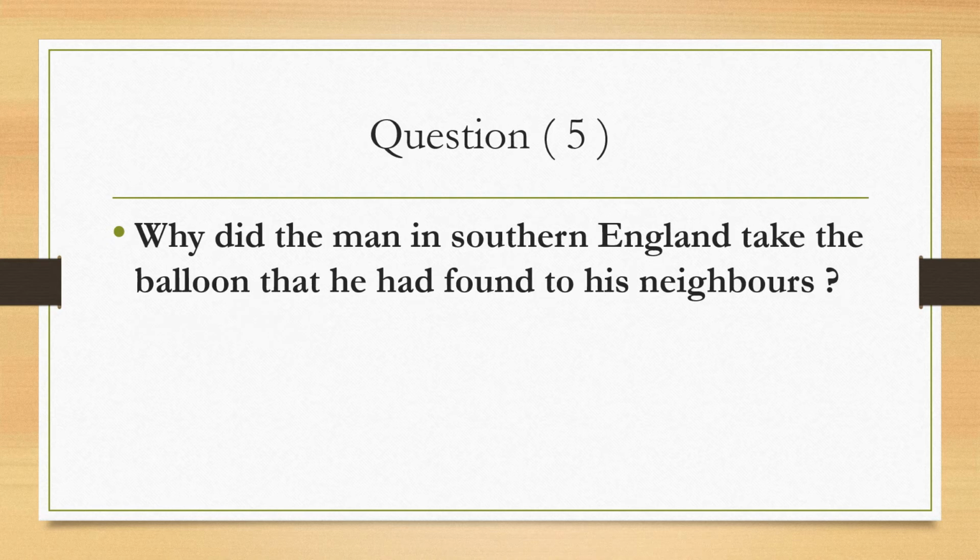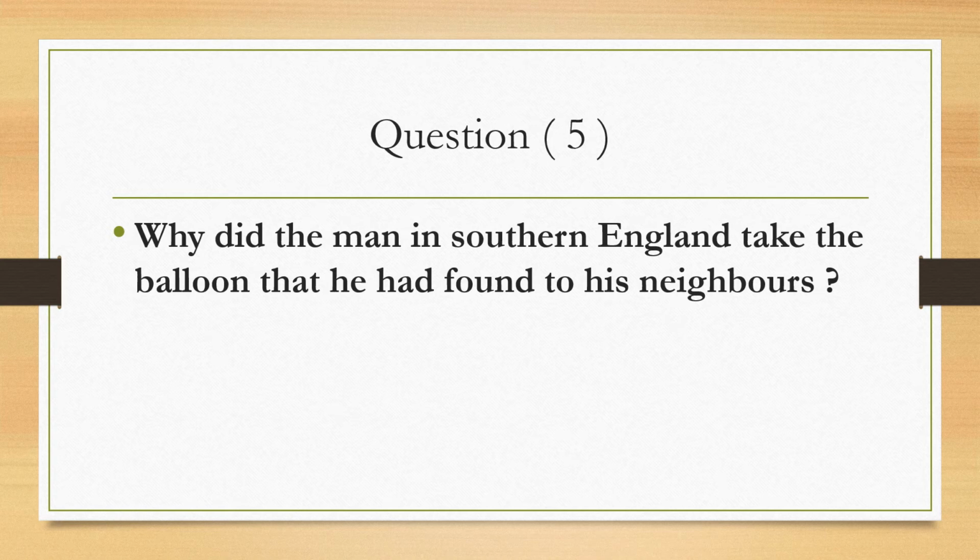Let's move to question 5. Why did the man in southern England take the balloon that he had found to his neighbors? In article C, a girl named Laura Buxton wrote a message with her name and address on a helium-filled balloon, then sent it into the air.